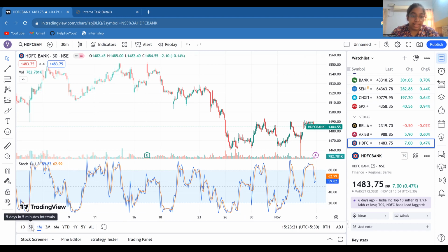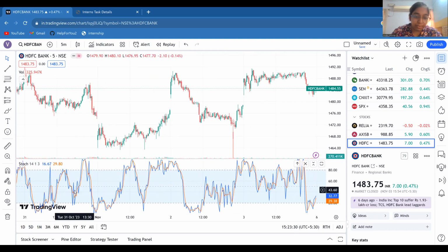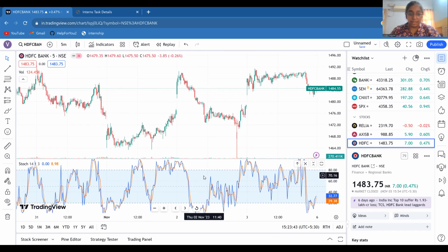Let us see the very same for 5 days. So one can see the blue one is the %K line and the orange one is the %D line. So here if we zoom it up further, one can see a positive crossover this side and a negative crossover this side. This is all for the practical implementation.